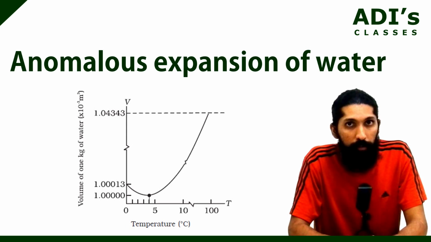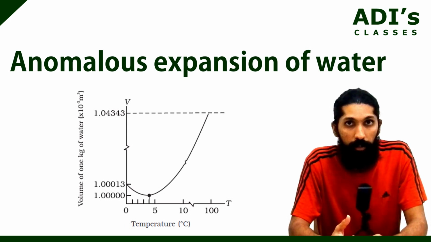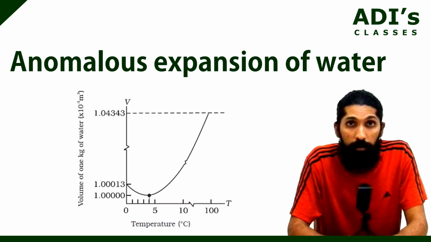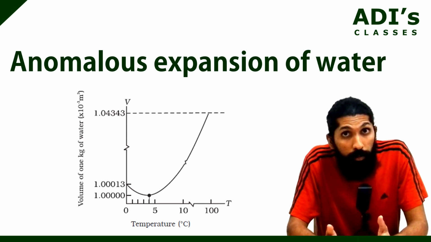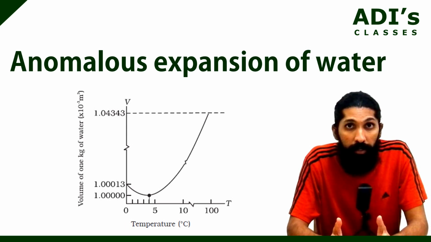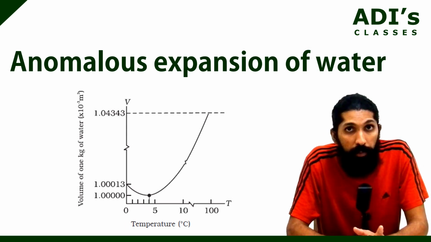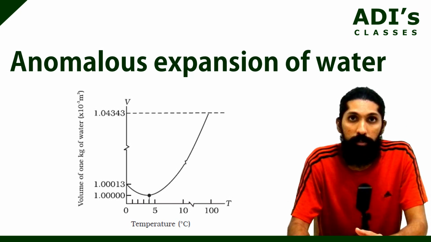Generally, what happens? As you increase the temperature, volume should also increase, correct? But if you look at this one, from 0 to 4 degrees Celsius, the volume reduces, isn't it? And since the volume reduces, the pressure also changes. The temperature also changes.